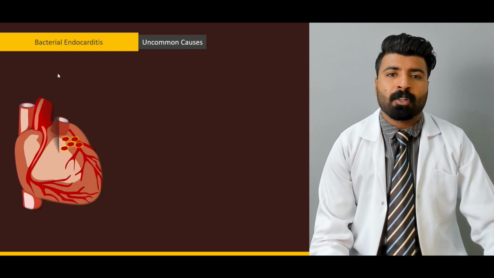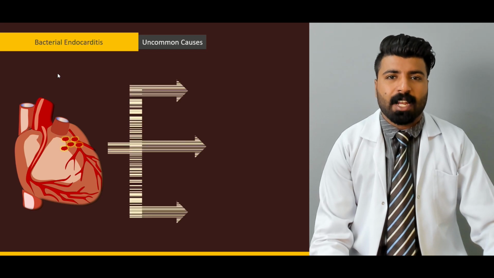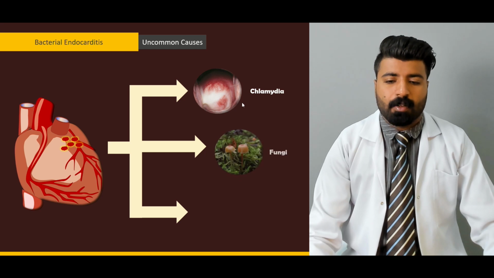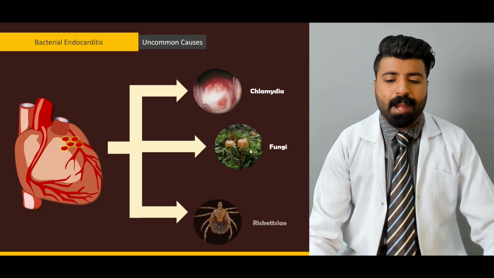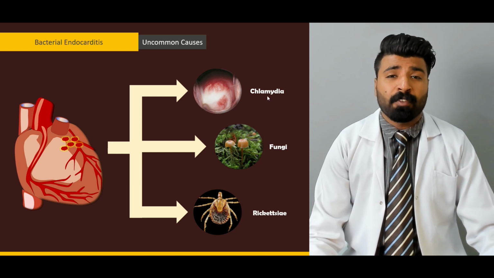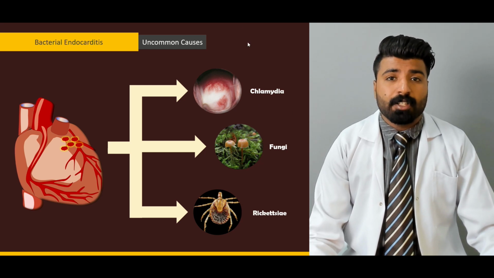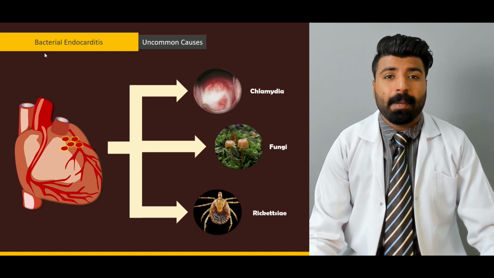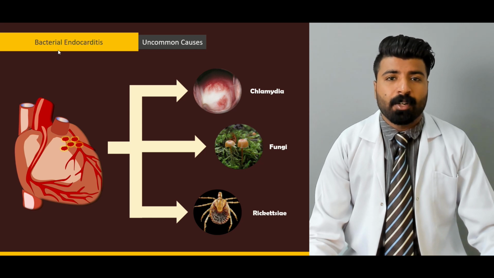Three basic organisms lie under this category, and they are chlamydia, fungi, and rickettsia. A patient suffering from chlamydial infection is going to get bacterial endocarditis in 2 out of 100 cases. If it's a fungal infection, it may lead to bacterial endocarditis. If it's a rickettsial infection, it may lead to endocarditis.